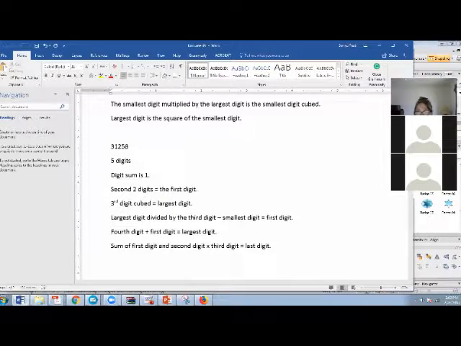So the first digit plus the second digit squared equals the last digit times the third digit.